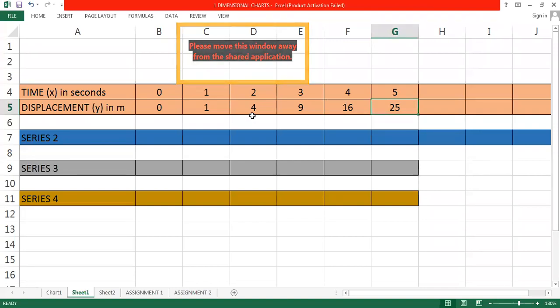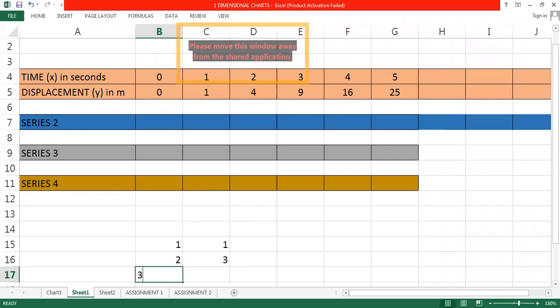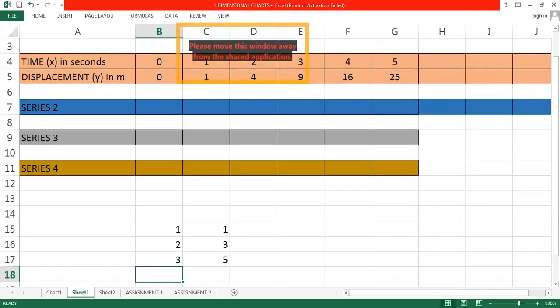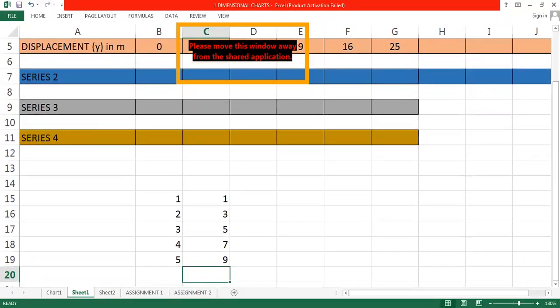Okay. So now this is the motion. In the first second, it has covered 1 meter, but in the second second, it has covered 3 meters. In the third second, it has covered 5 meters. In the fourth second, it has covered 7 meters. And in the fifth second, it has covered 9 meters.